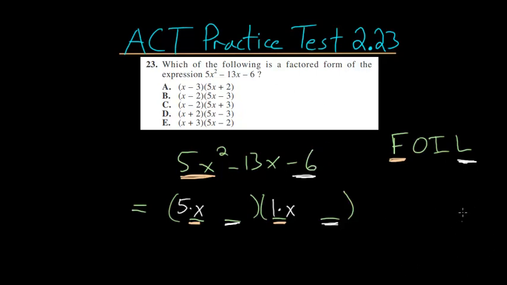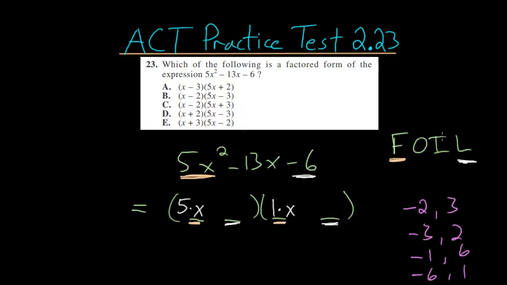And let's write down the possibilities over here. So we can have minus 2 and 3, or minus 3 and 2, or we can have minus 1 and 6, or minus 6 and 1. And these are the only possible ways that we can multiply two numbers together to give minus 6.